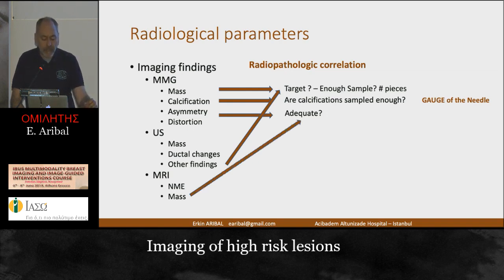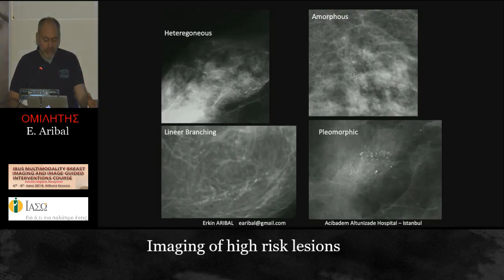And again, with the non-mass enhancements on MRI, it is very difficult to detect them on second look ultrasound. Only 30 to 60% of these lesions can be seen on second look ultrasound. So you need an MRI-guided biopsy, but MRI-guided biopsy is not a real-time biopsy, so you may not target the real lesion.